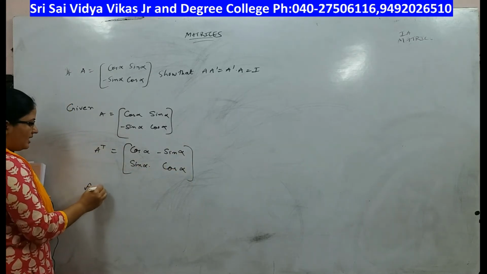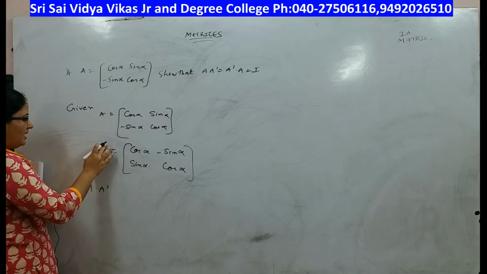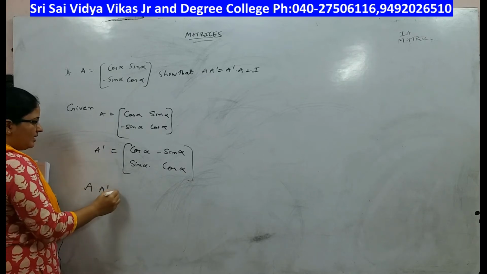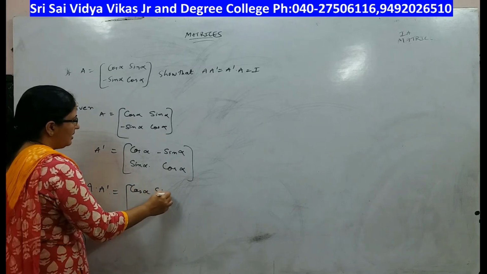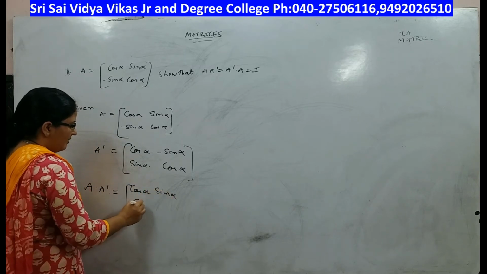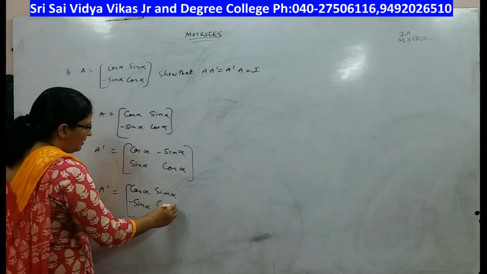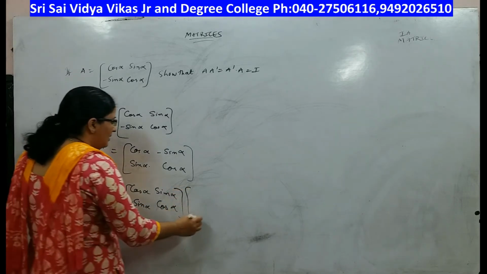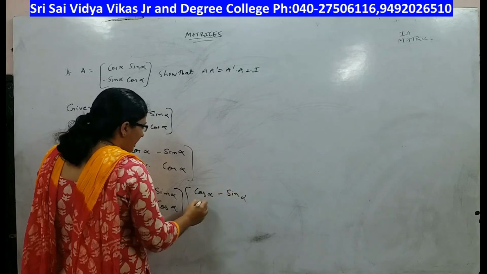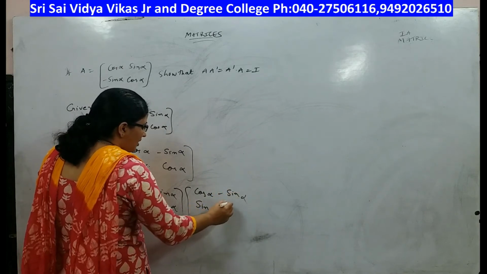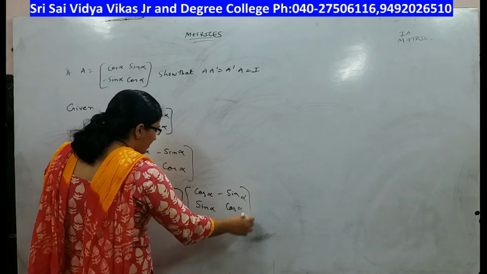A into A transpose, you can write A dash or A T, that is [cos alpha, sin alpha; minus sin alpha, cos alpha] into [cos alpha, minus sin alpha; sin alpha, cos alpha]. This is what you have.